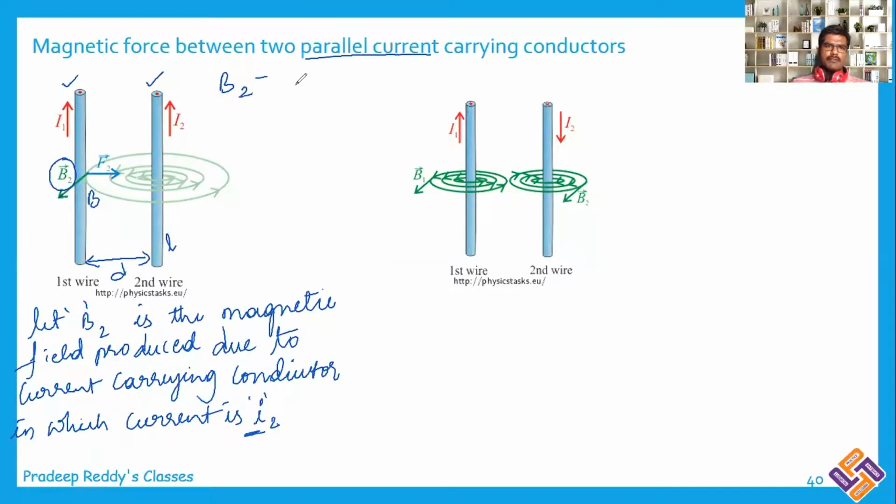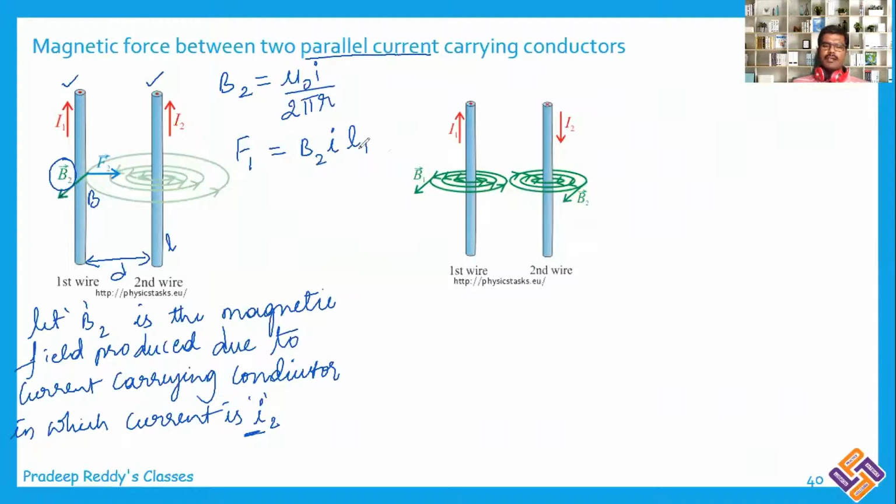B2 can be written as mu naught I divided by 2 pi r. Because of this long current carrying conductor, magnetic field will be produced by the second conductor on the first one. Now the force acting on the first one will be equal to B2 I into the length of the first one.